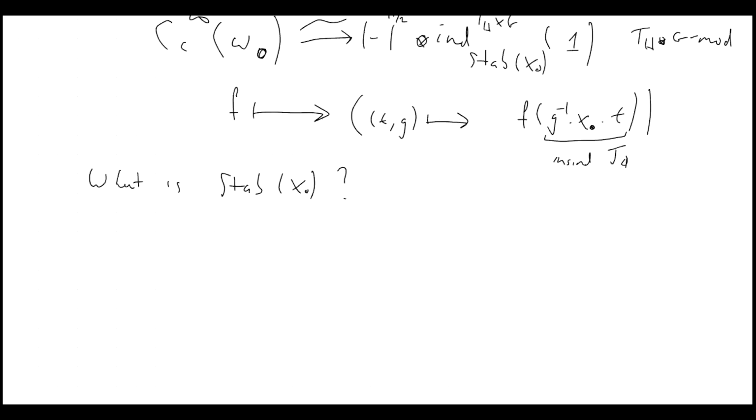Here's the important point. We have omega zero, which is sitting inside the trace zero elements in the Jordan algebra, and these are the rank one elements.